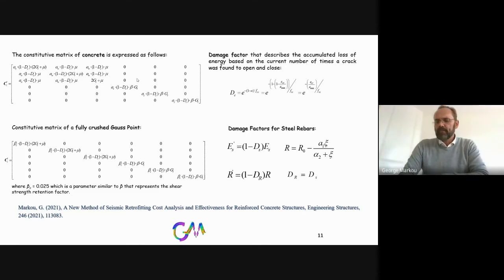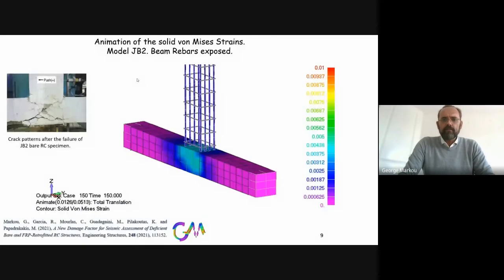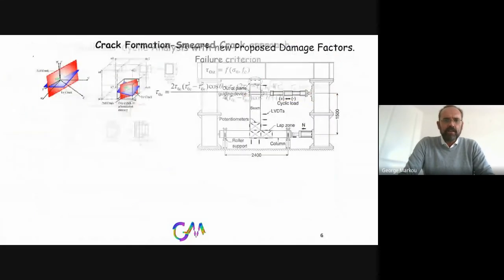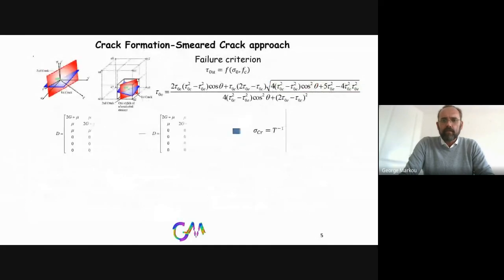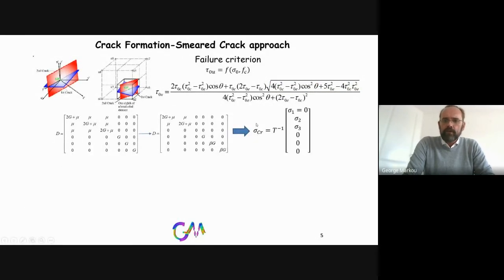Yes, the cracks and their rotation are calculated based on the principal stresses. So what we do, we have 6 tensor components: normal stresses x, y, z, and shear stresses xy, yz, zx.